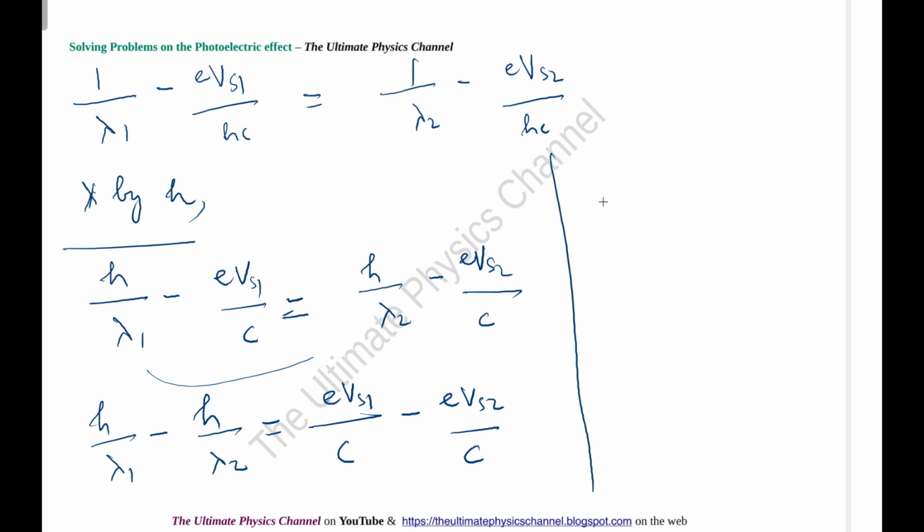And now we can take h as a common factor out, and then we have 1 over lambda 1 minus 1 over lambda 2 on the left side, multiplying h, and the right side does not change, right? Right side is remaining the same.